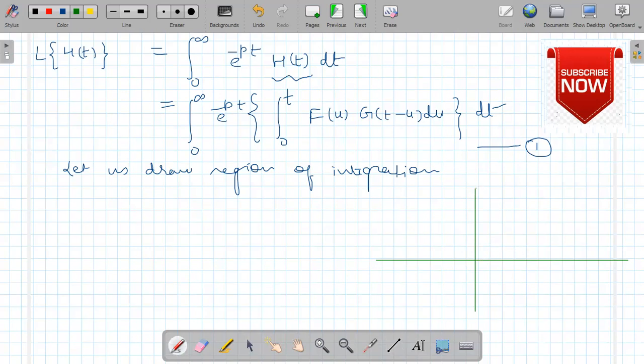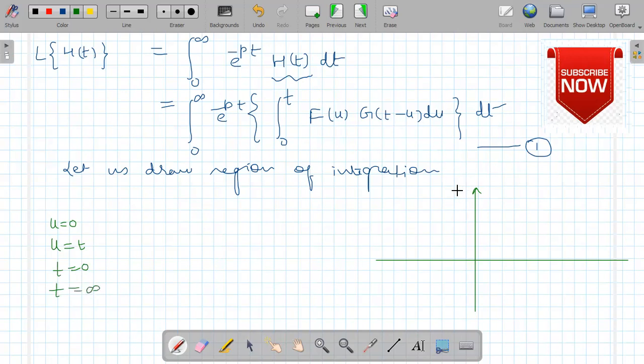Here we have one variable u, another variable t. We have a total of 4 equations. For the innermost integral, the limit is 0 to t, meaning u is equal to 0 and u is equal to t. For the outer integral, these are limits for t, that is t is equal to 0 and t is equal to infinity.